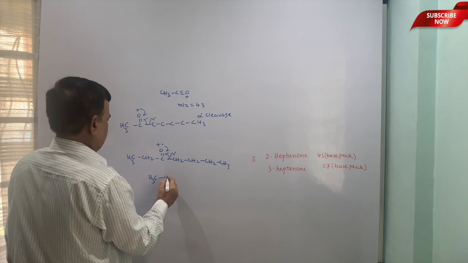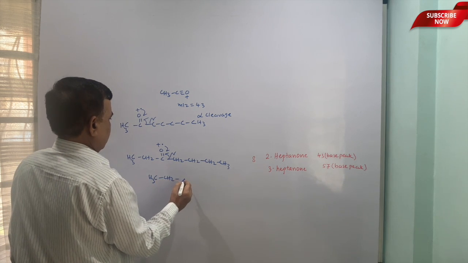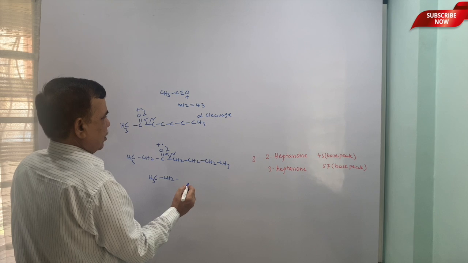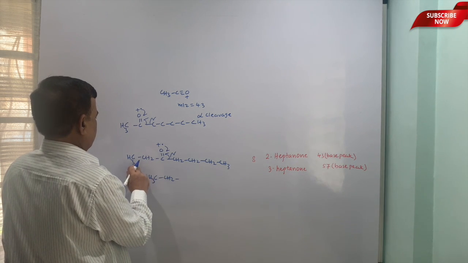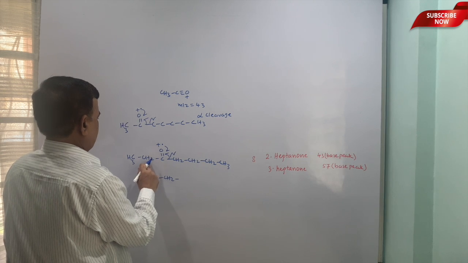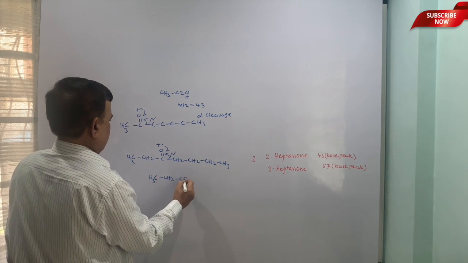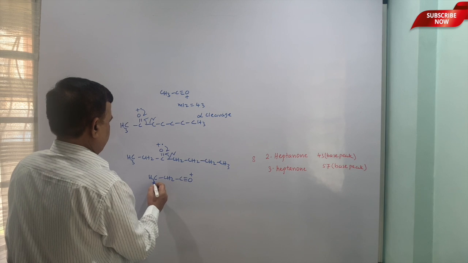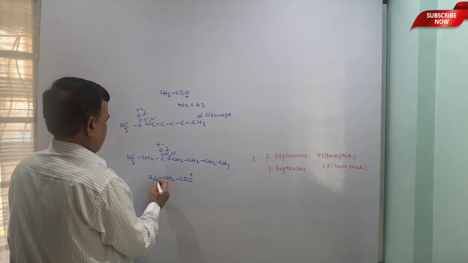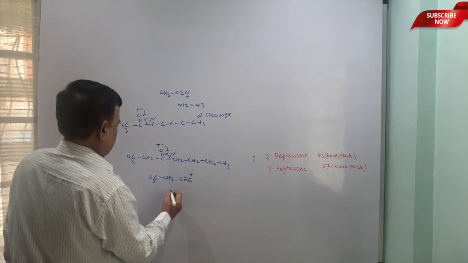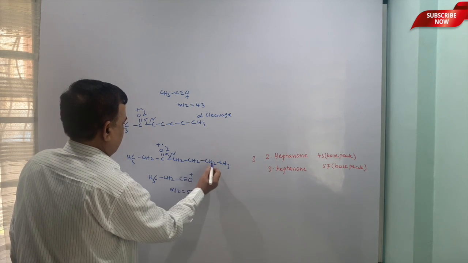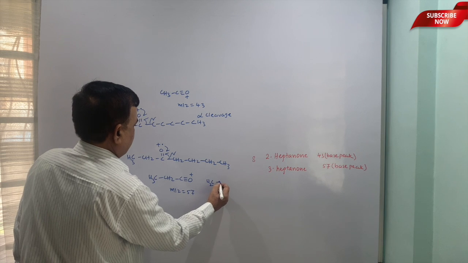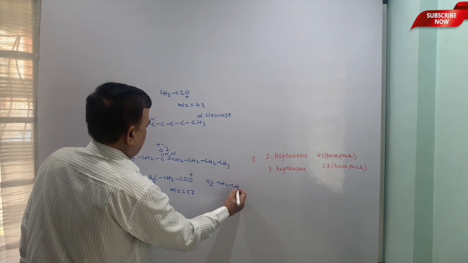CH3, CH2, 57, let us check, 43 and yeah, just check with this. 57. This portion goes out as a radical.